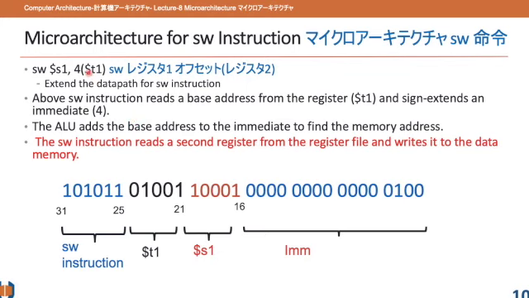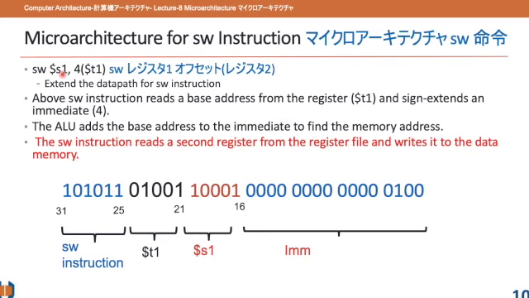Here you can see that the base address is read from T1, and the sign-extended immediate is for the offset. These two combined make the memory address where you have to write the value.